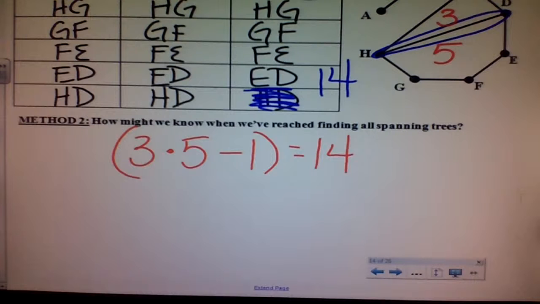Anytime you have 2 circuits and they share a line in common, you can't remove that line twice. So, to get rid of that, once you multiply them together, we always subtract 1. Every time.